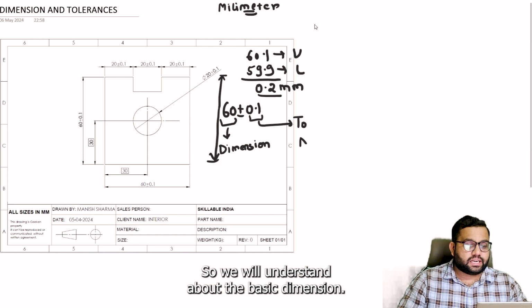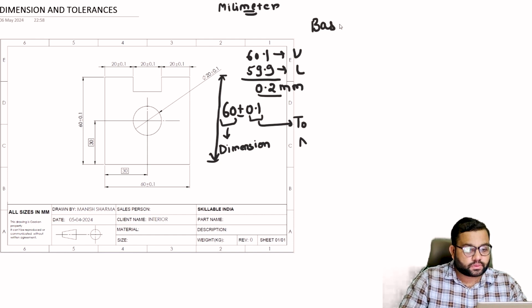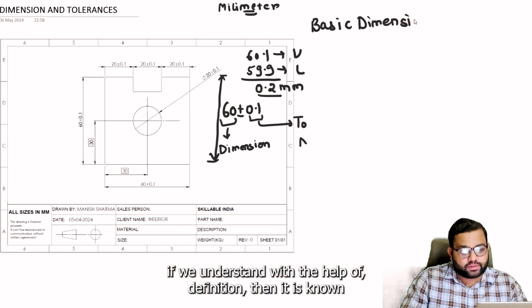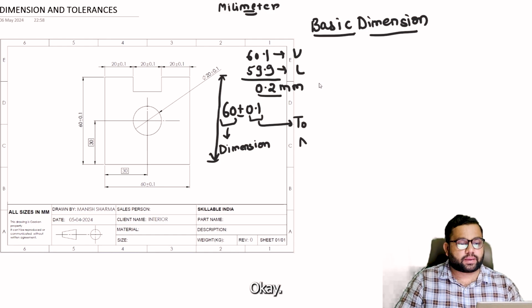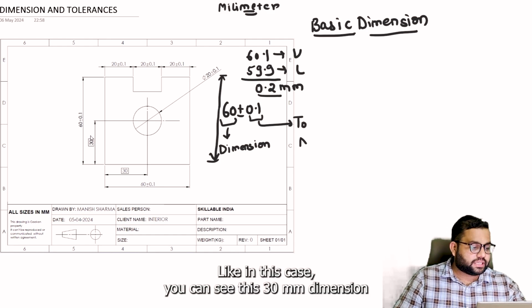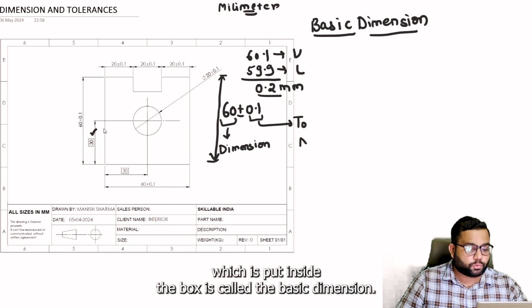By definition, any dimension that is put inside a box is called a basic dimension. In this case, you can see this 30 mm dimension is put inside the box.